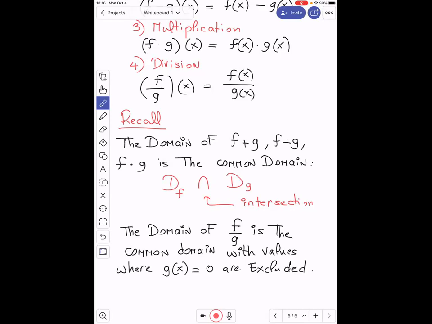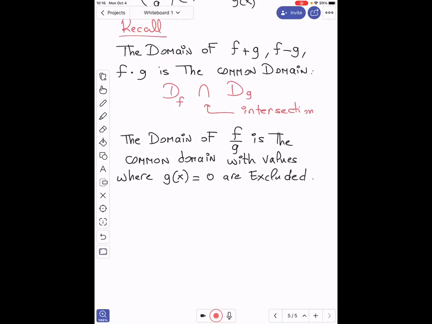We need to exclude the values where g of x is 0 from the intersection, from the common domain.